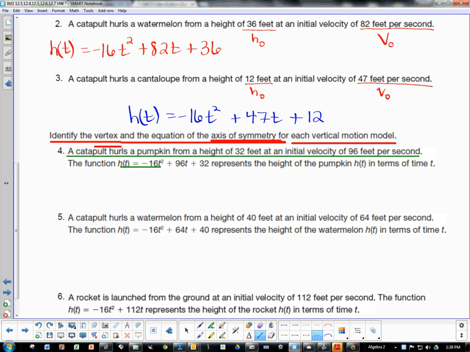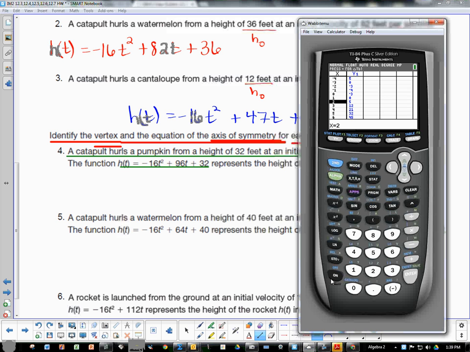Here's the function, they've given it to you. They've been nice and they've given that to you. What we need to do here is take out your calculator and let's go ahead and graph this thing. Y equals, let's clear out anything that's in there.